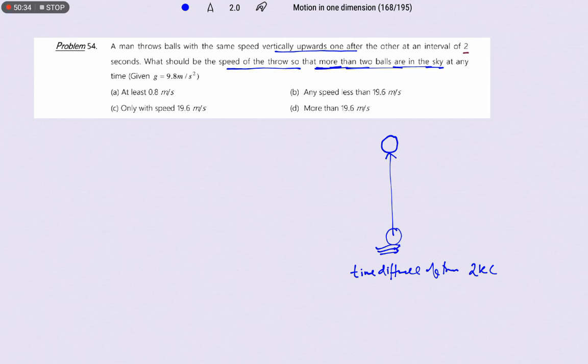So for suppose, let us find out its time of flight. So what will be the time of flight? Time of flight is equals to 2u by g. Okay? So 2u by g. If he throws the ball, let us find out this. So g into t by 2 is equals to u, we can write.